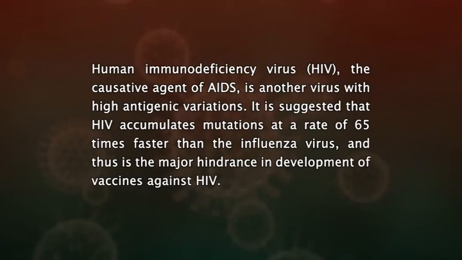Human immunodeficiency virus, or HIV, the causative agent of AIDS, is another virus with high antigenic variation. It is suggested that HIV accumulates mutations at a rate 65 times faster than the influenza virus and thus is the major hindrance in development of vaccines against HIV.